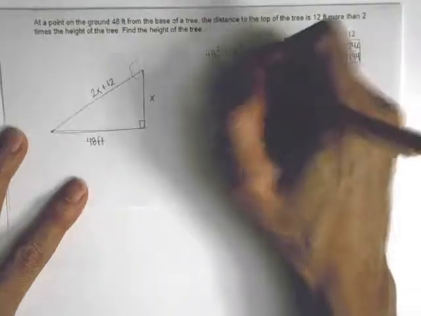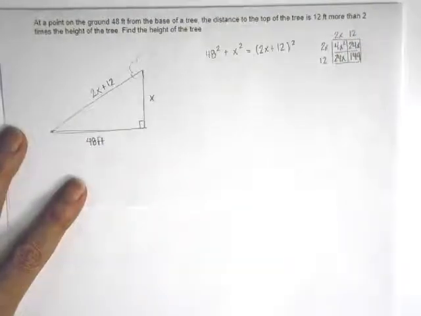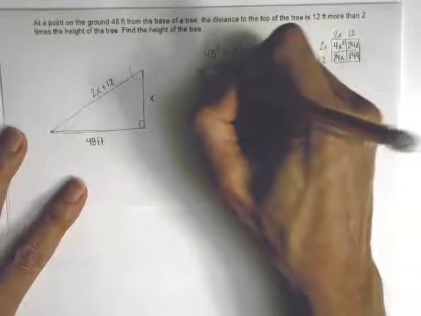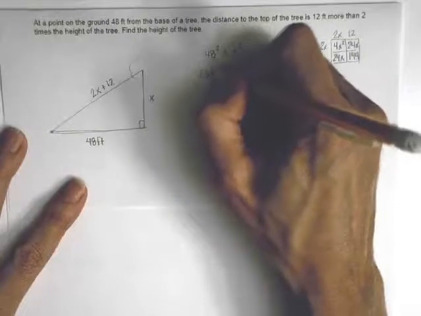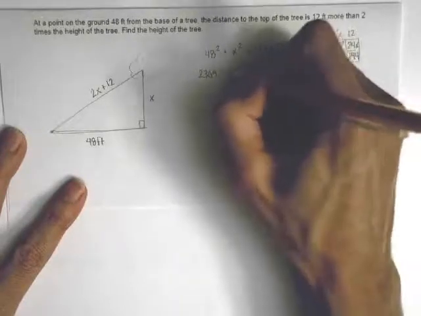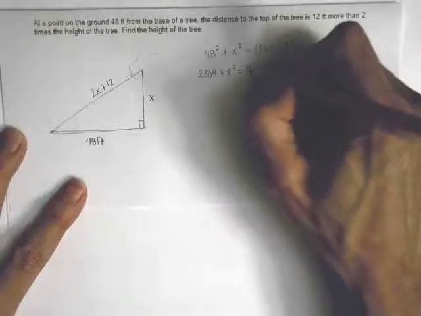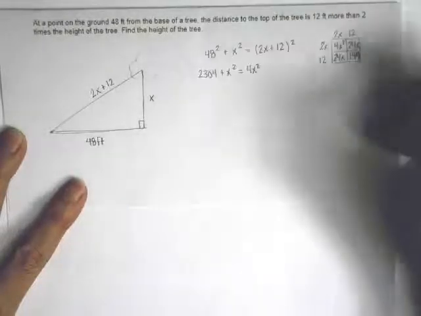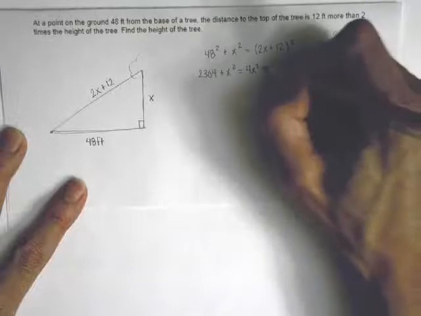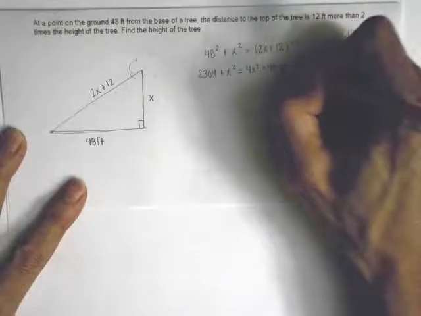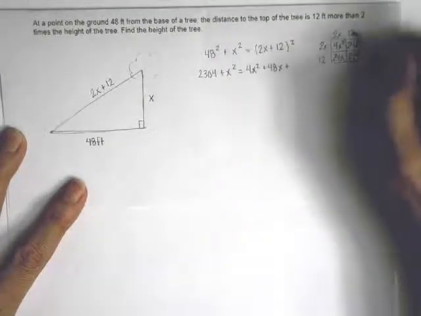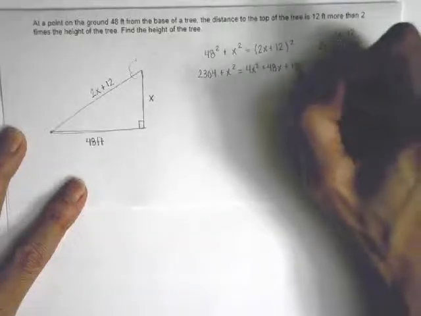So this side says 48 squared, which we can figure out with our calculator, is 2,304 plus x squared is equal to 4x squared. 24 and 24 is 48x, and 12 times 12 was 144.